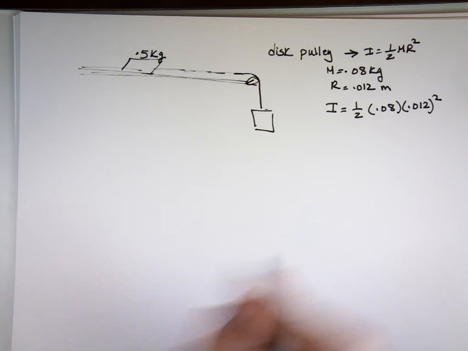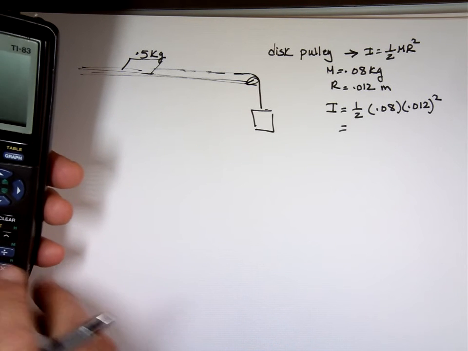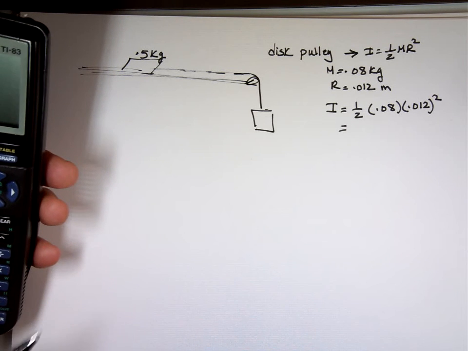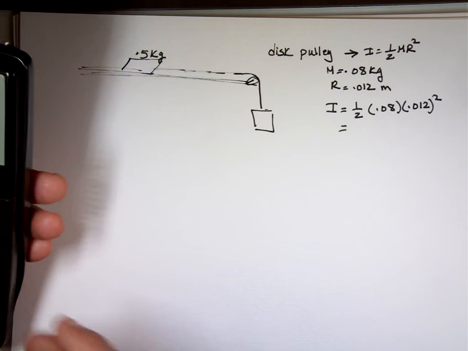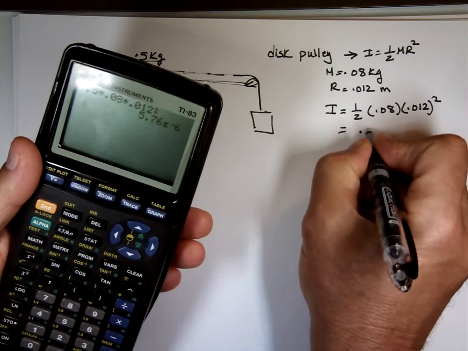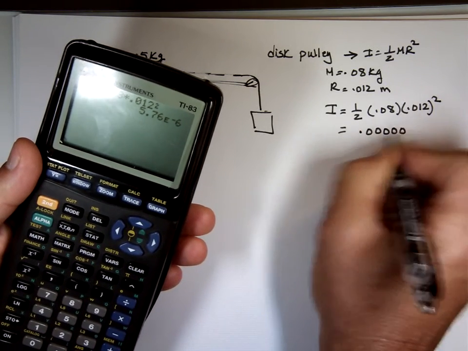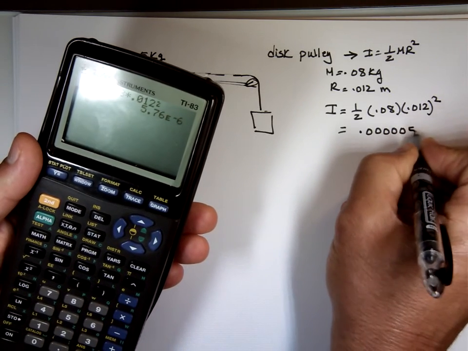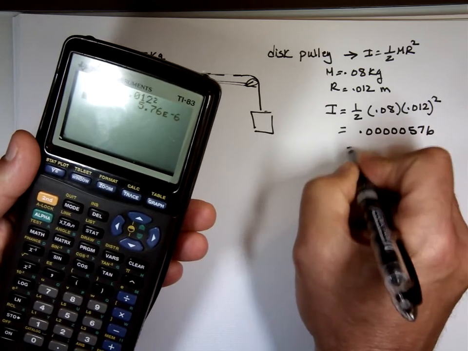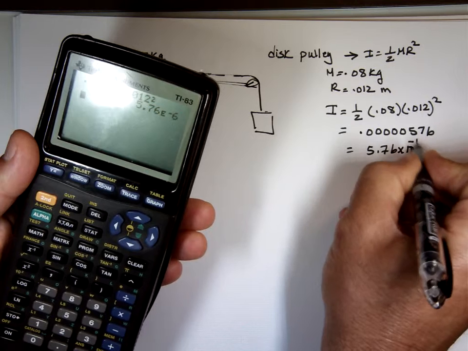That's a small number, 5.76 times 10 to the negative 6.